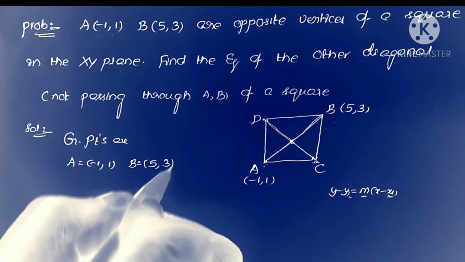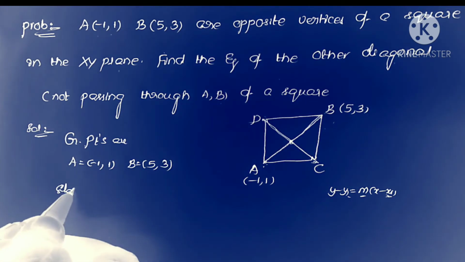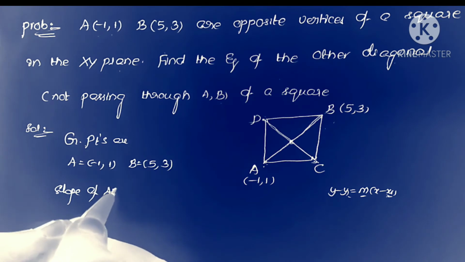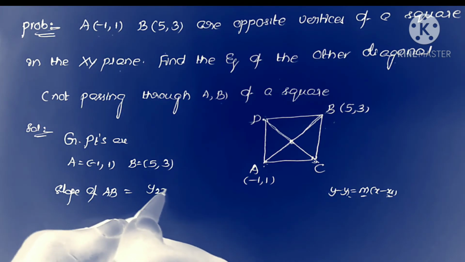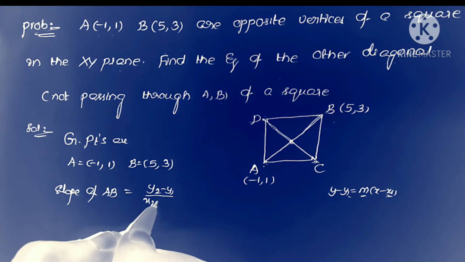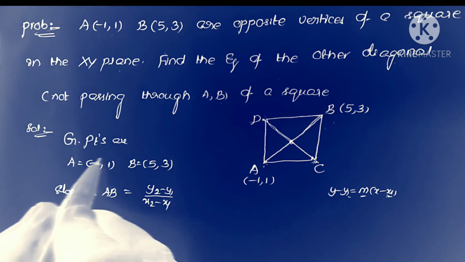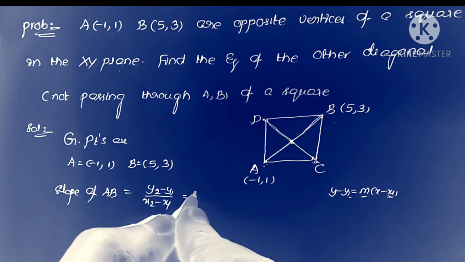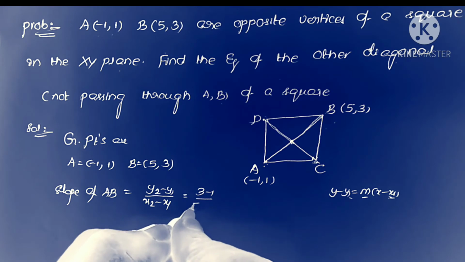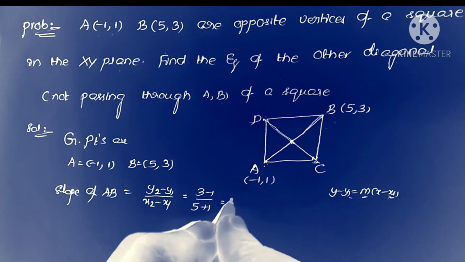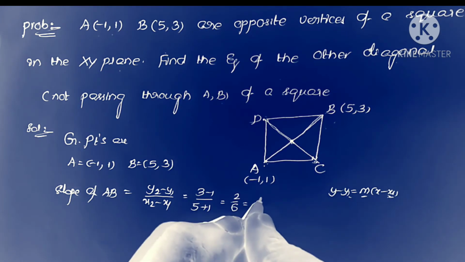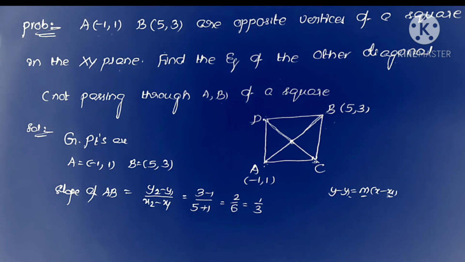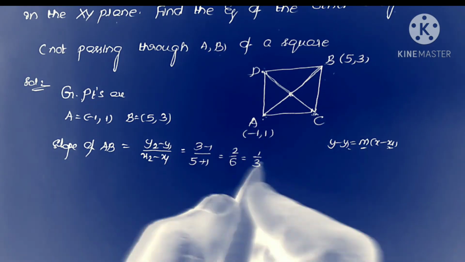First we find the slope. Slope of AB is (y2 minus y1) by (x2 minus x1), that is (3 minus 1) by (5 minus minus 1), which is 5 plus 1, so 2 by 6 equals 1 by 3. This is the slope of AB.